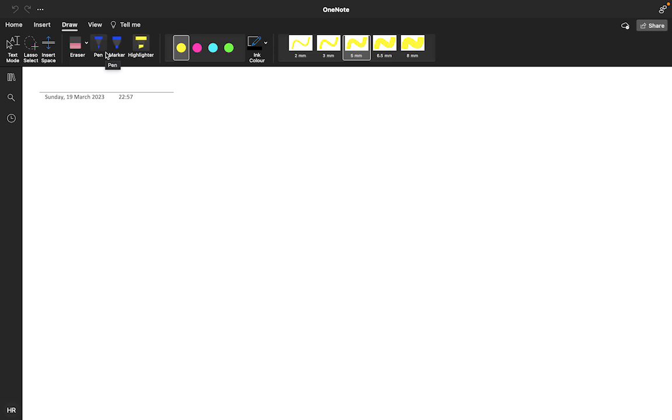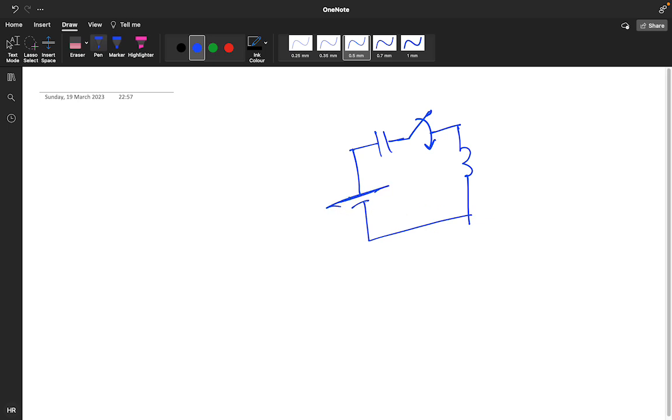Transient is a very interesting topic of a network. In transient, you will understand the role of capacitor and inductor. I'm just giving you a brief idea. This is an inductor, this particular is a capacitor, the switch is moving like this, and it has some DC voltage, 5 volt.